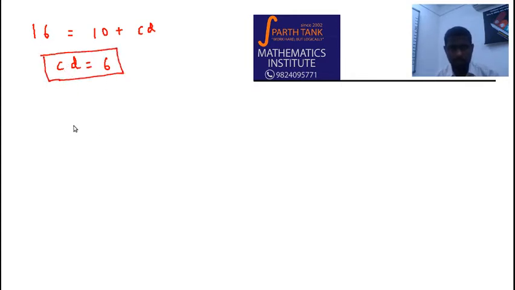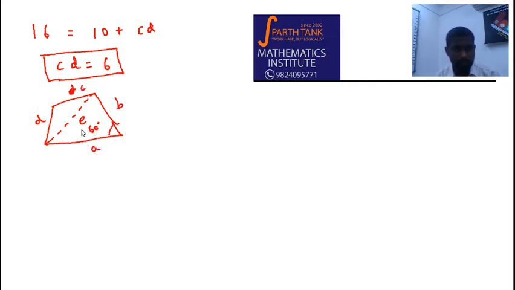Now the other equation, as I told you, is based on the property of the triangle. We will try to find this side E using A, B, C and D. Sorry, this is D and this is C. This angle we know is 60 degrees and this angle we know is 120 degrees. Now we have this very interesting law of cosines, right?